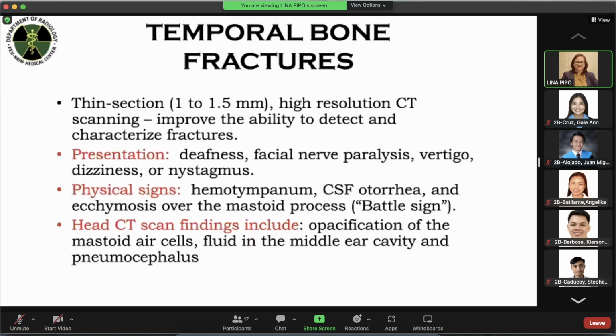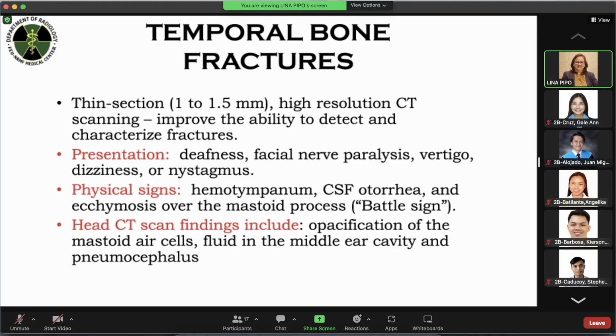Then next are your temporal bone fractures. So temporal bone fractures are seen in thin section, high resolution CT scanning, which improves the ability to detect and characterize fractures. If temporal bone fracture is present, the patient will present with deafness, facial nerve paralysis, vertigo, dizziness, or nystagmus.